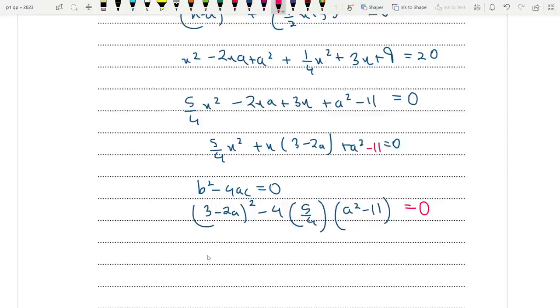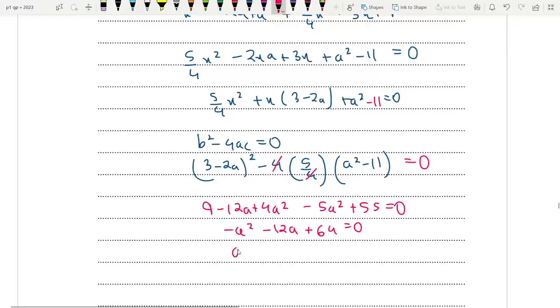So 9 minus 12a plus 4a square, we can get rid of this, minus 5a square plus 55 equals 0. So minus a square minus 12a plus 64 equals 0, or a square plus 12a minus 64 equals 0.